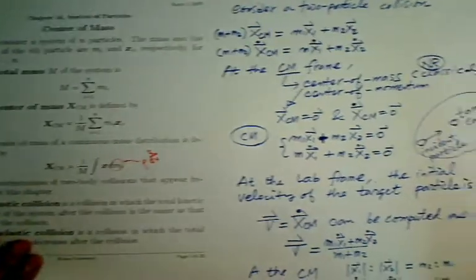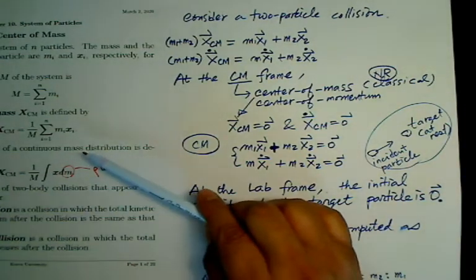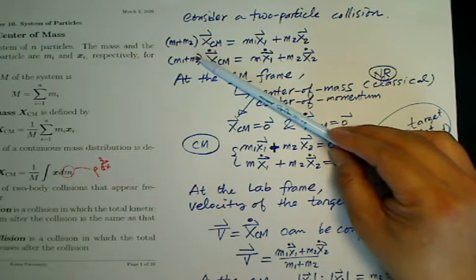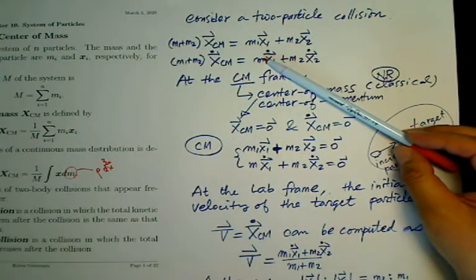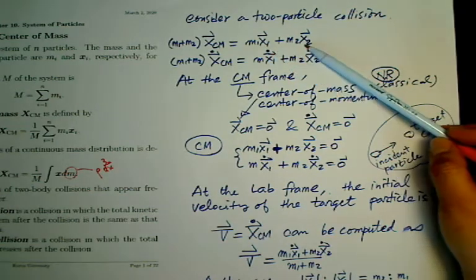Let us consider a two-particle collision. First of all, based on the definition of the center of mass, the product of the center of mass and the total mass will be the sum of mass times the position of each particle.